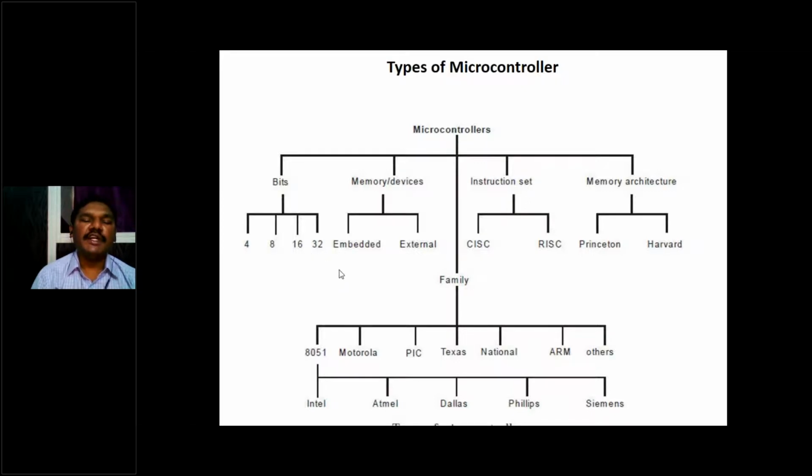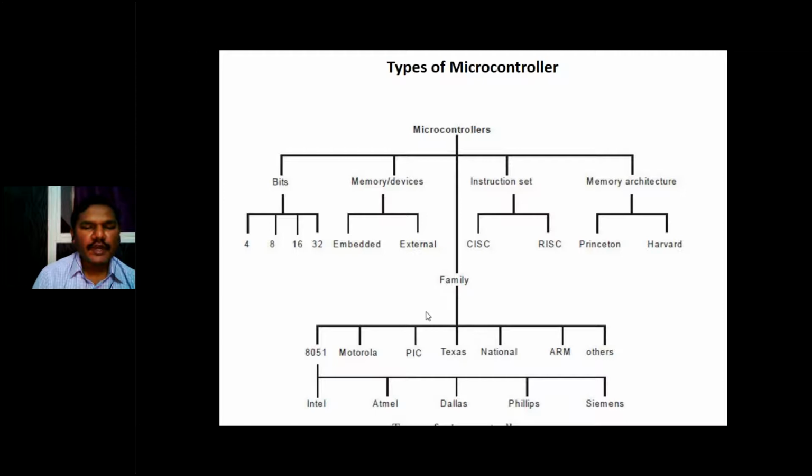Memory devices are embedded or external memory based. The instruction set family is CISC and RISC. Memory architecture is Princeton and Harvard, which we have seen already. But here you have to see the types of microcontroller based on bits: 4-bit, 8-bit, 16-bit, 32-bit. And today we are going to see the explanation of the 8-bit microcontroller.